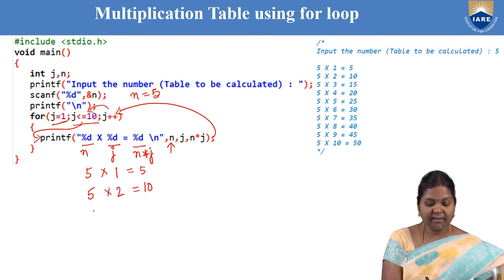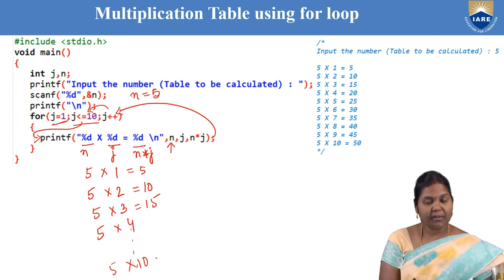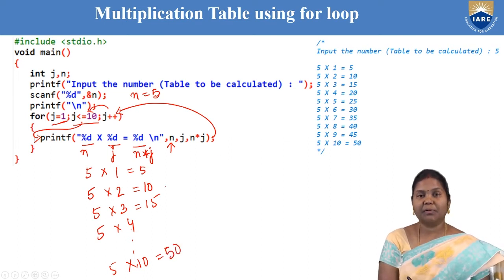Third time j becomes 3, so it is 15. So n is common, but j keeps incrementing from 3, 4 and so on up to 10, so it is 50. When j becomes 11, the loop condition is false and the program will stop. By that time our multiplication table is displayed.